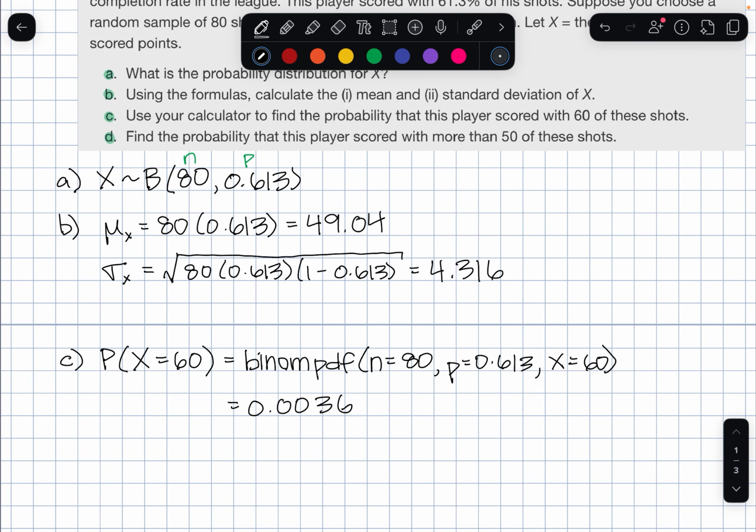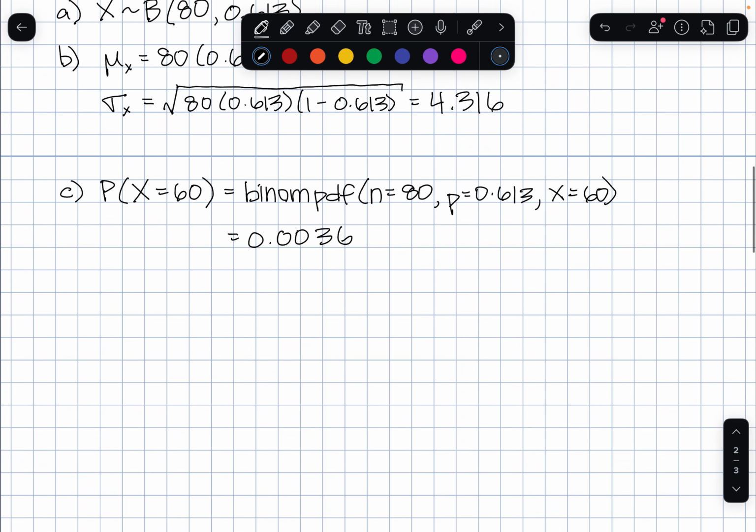Last one says, find the probability this player scored more than 50. More than 50. So x is more than is the same as greater than 50. And I know that's CDF because that's an inequality. We're going to scroll up and look for which function goes with greater than.